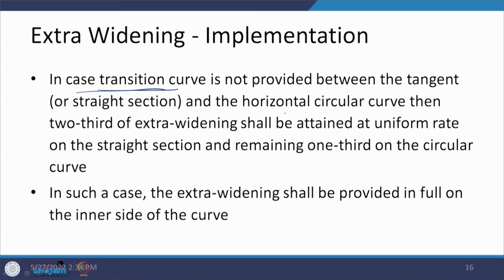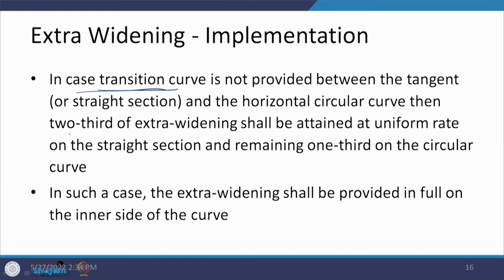Now, in case the transition curve is not being provided, how are we going to implement it? As we talked about the super elevation, in this case also we are going to provide 2/3 of the extra widening on the straight section, and this of course has always to be done at a uniform rate, and that is the same value which we use in the case of super elevation, and the remaining 1/3 is provided on the circular curve.